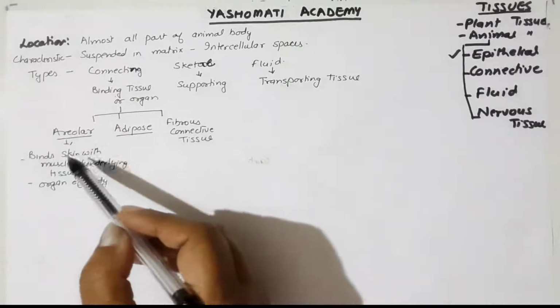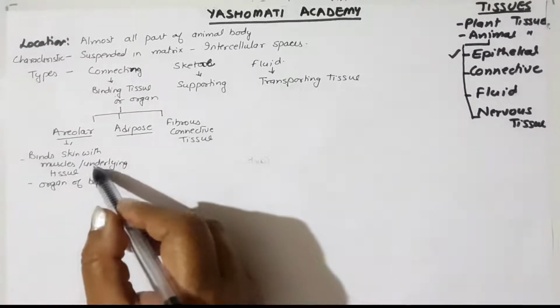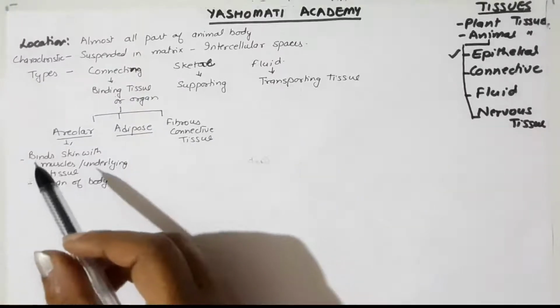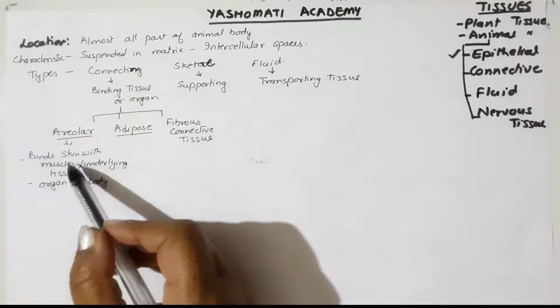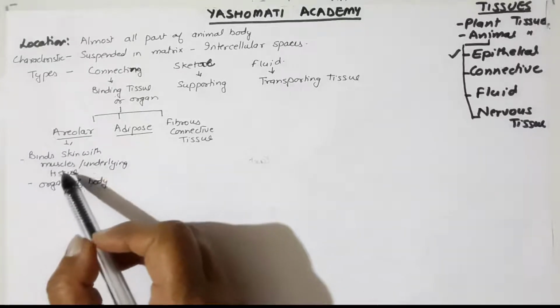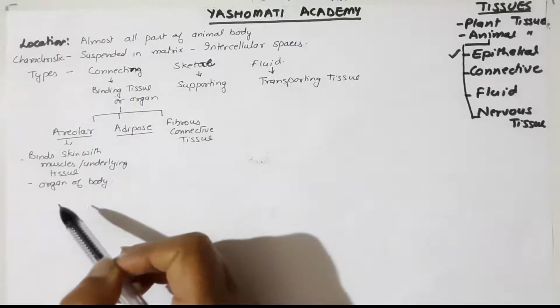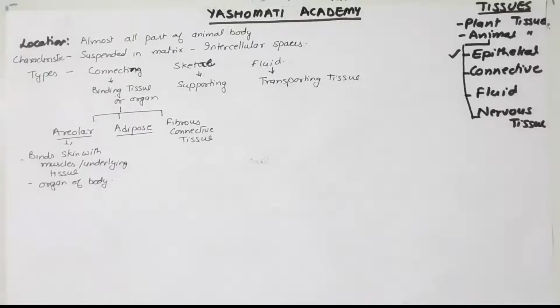So areolar tissue, as it is most abundant tissue, it is present in a large amount in our body and it is performing two main functions. It is binding skin with the underlying muscles or the other tissues which are present under the skin. Because of that, skin is not that loose, and it also may be packing the organs which are present in our body. So the space between the organs, that is filled by this type of tissue.